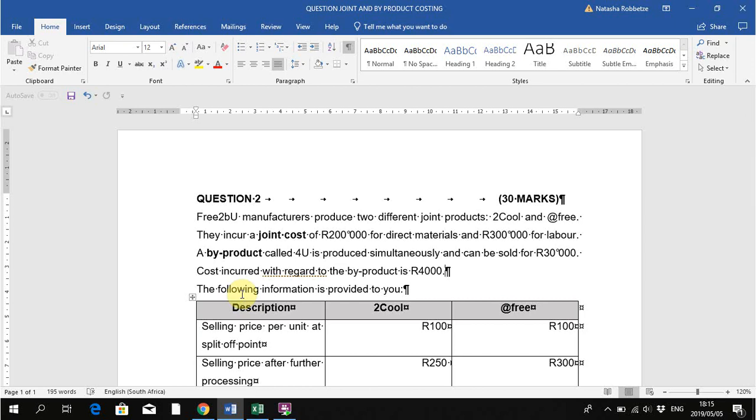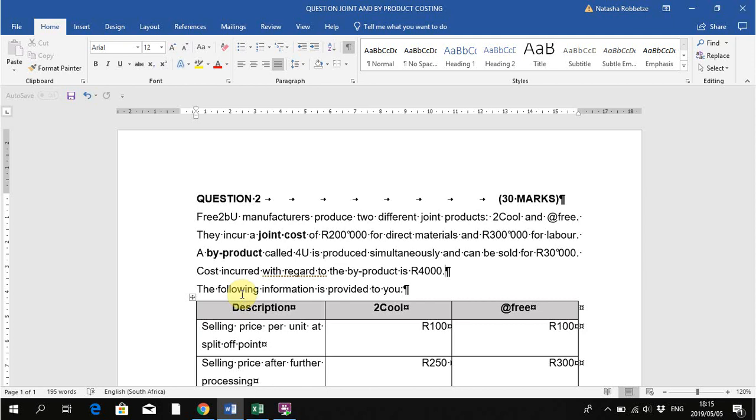A good example of this would be, in the production of petrol, a byproduct such as plastic. It's not intended for plastic to be produced. However, it is a spontaneous byproduct of the original production process.